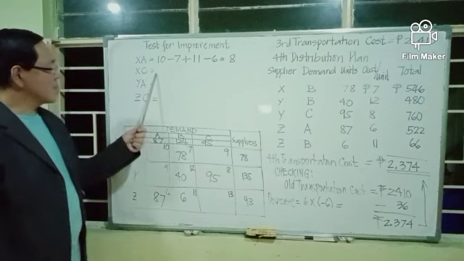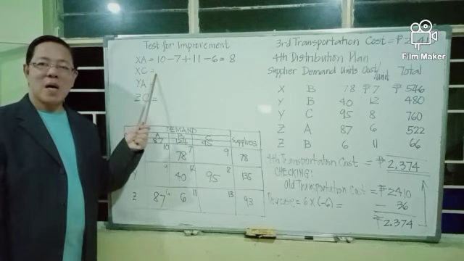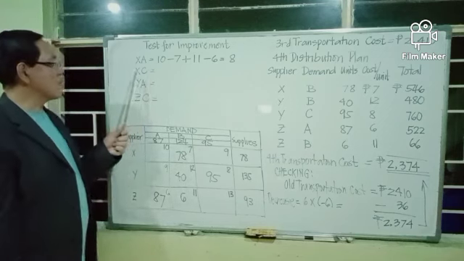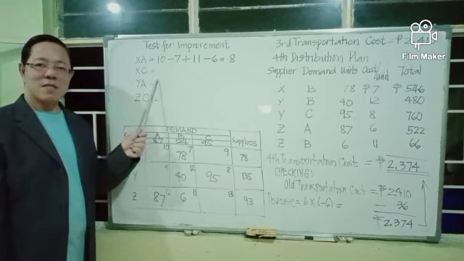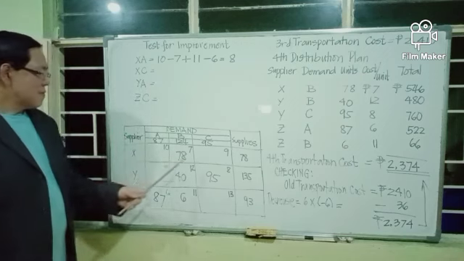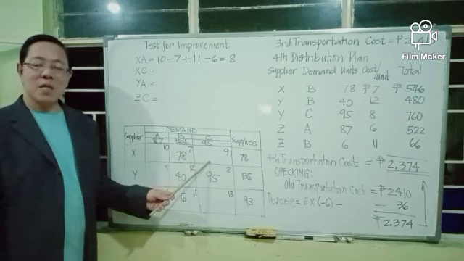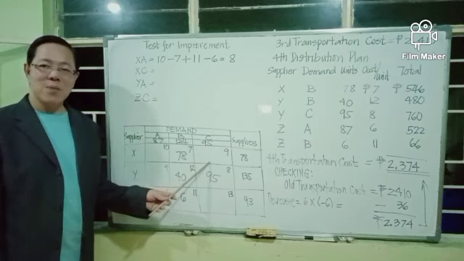Now we check if we have a negative, positive, or zero net cell cost for the vacant cell XC. For the vacant cell XC, we trace a closed path beginning with horizontal movement.